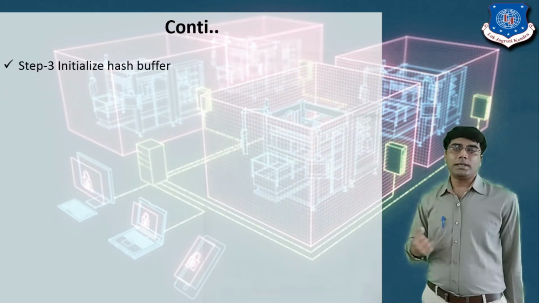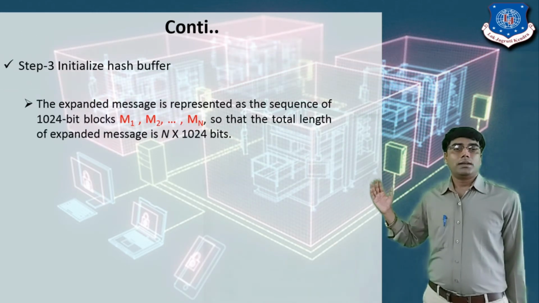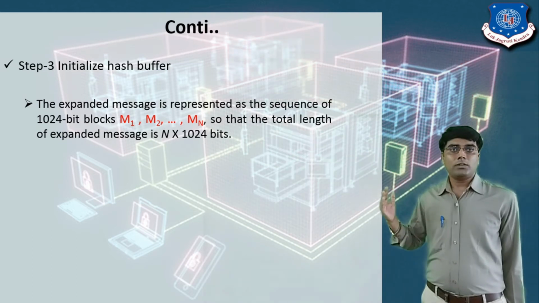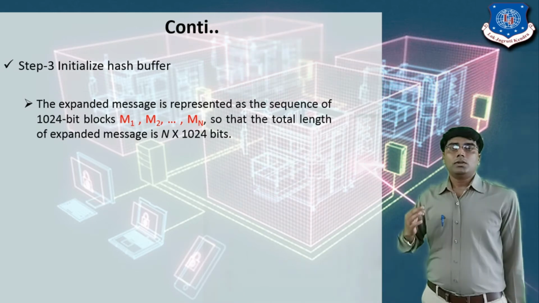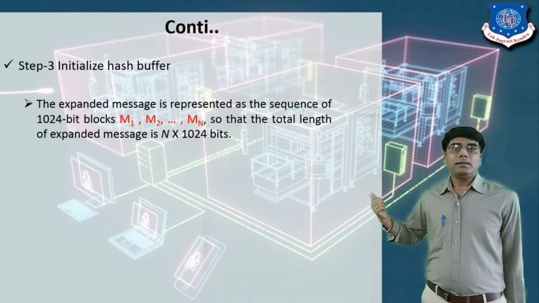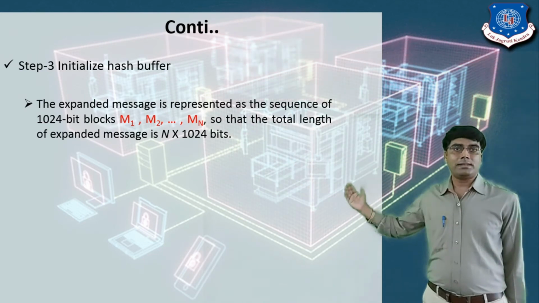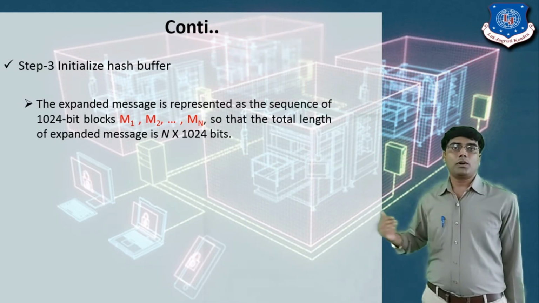Now in step 3, in the previous two steps, we have represented the length of the message as a multiple of 1024 bits. In this third step, you will see the initialization of the hash buffer. The expanded message is represented as a sequence of 1024-bit blocks, defined as M1, M2 up to MN.